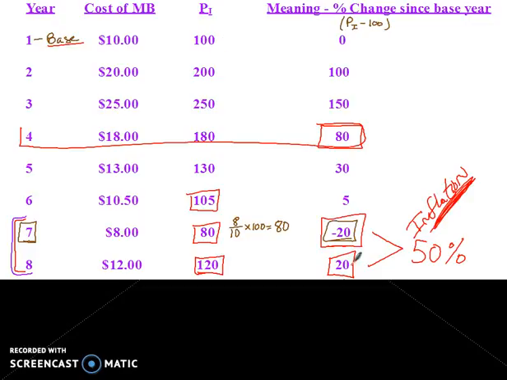These are both percent changes that are connecting back to the base year. In contrast to that, inflation is the percent change in prices from one year to the next. From year 7 to year 8, prices went up by 50%. Now, these are just with my made-up numbers.